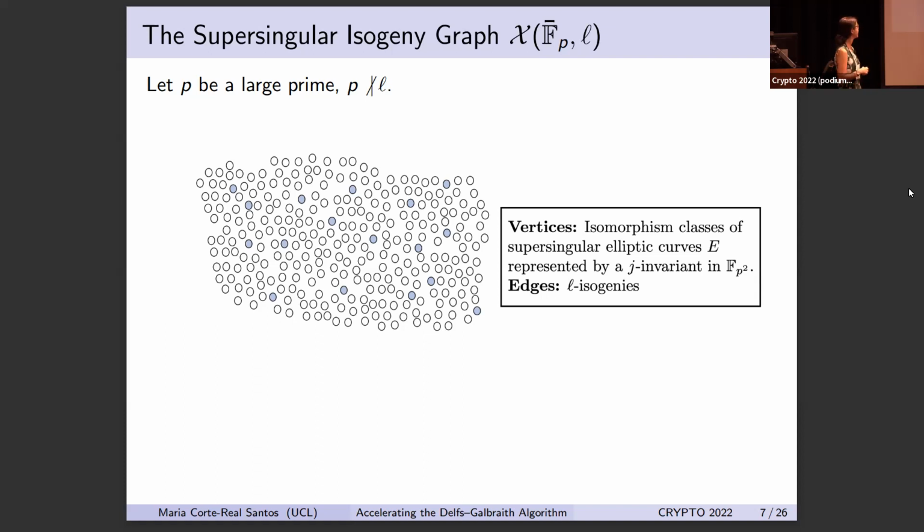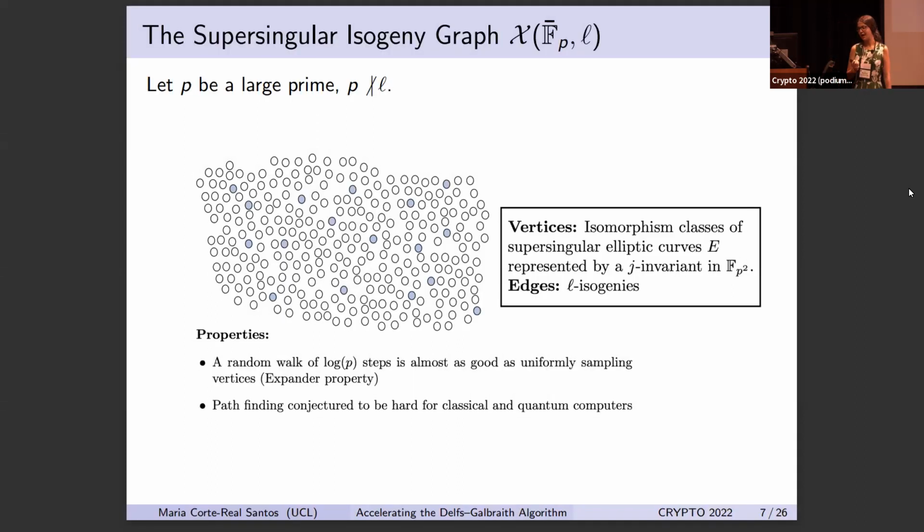And then the edges in your L isogeny graph are just L isogenies. So two nodes in your graph will be connected by an edge if the elliptic curves are connected by an L isogeny.